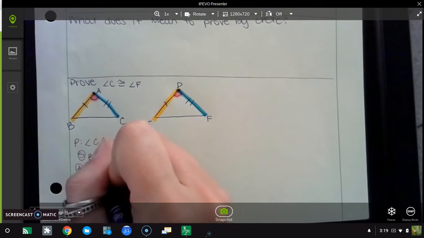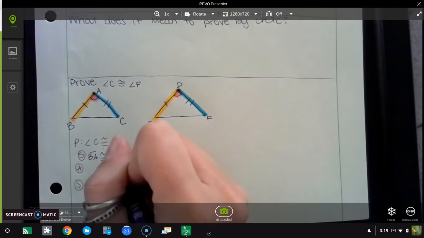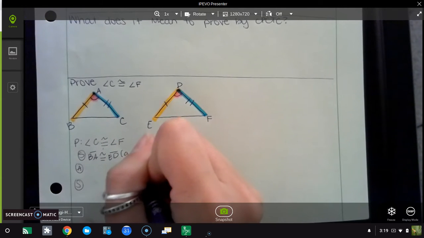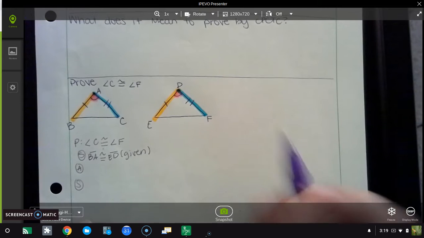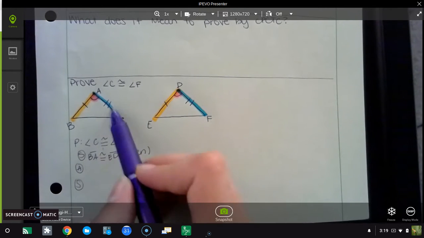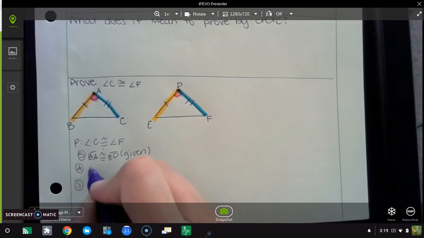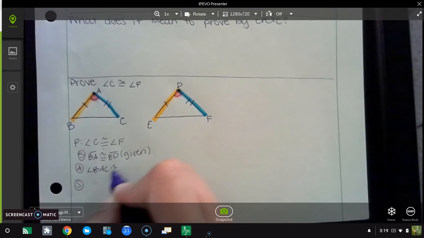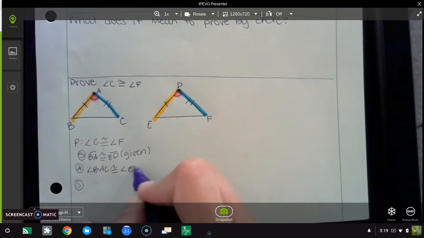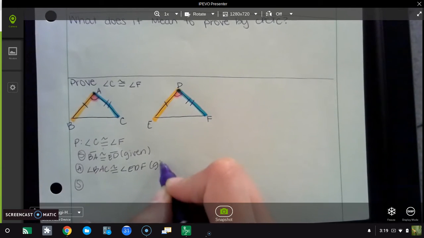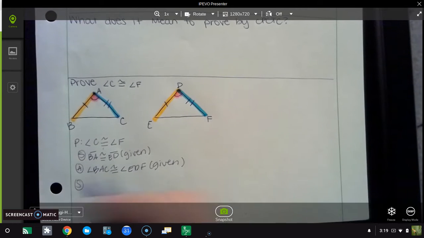My first side is BA is congruent to ED by given. My angle that's sandwiched between my two sides is angle BAC. That is congruent to angle EDF. That's given to me. And my last side is AC is congruent to DF, and that is also given to me.